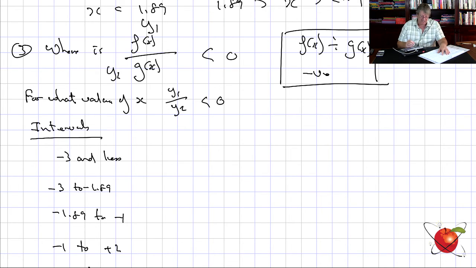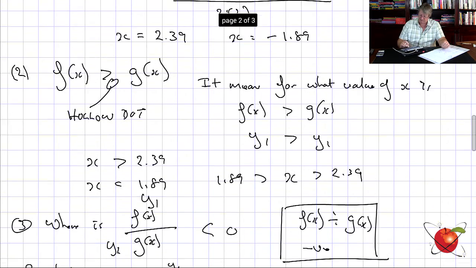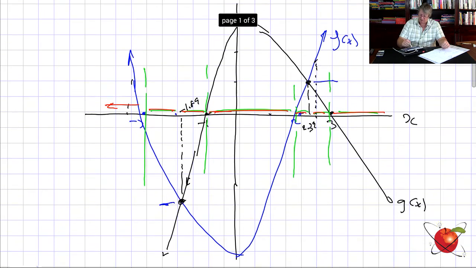I say, right, f of x over g of x here. I go and have a look. If it's less than 3, let's go and have a look at the sign. So where are we? We are in this region here. We are down here, aren't we?